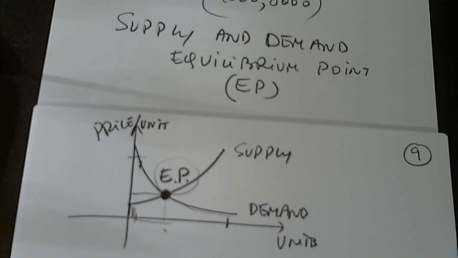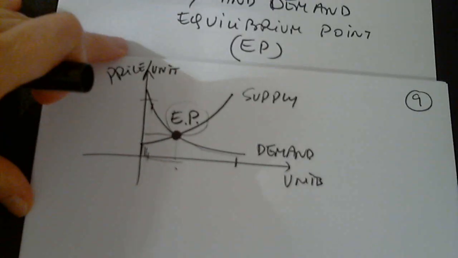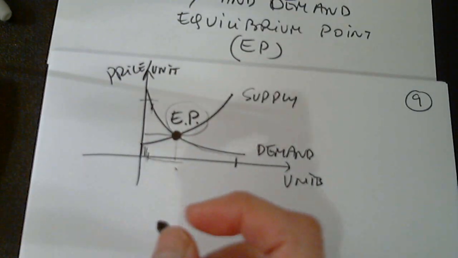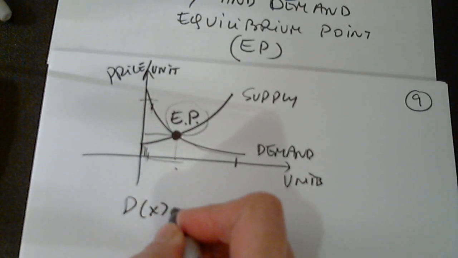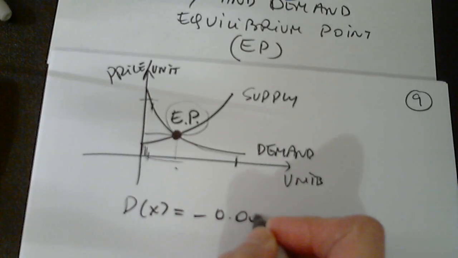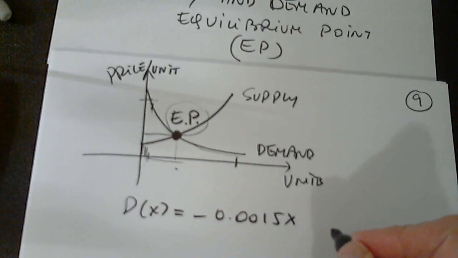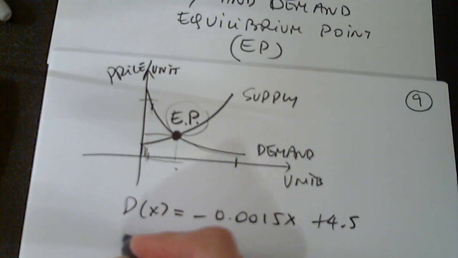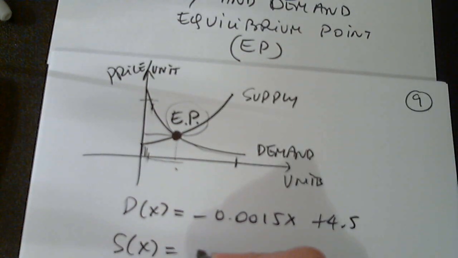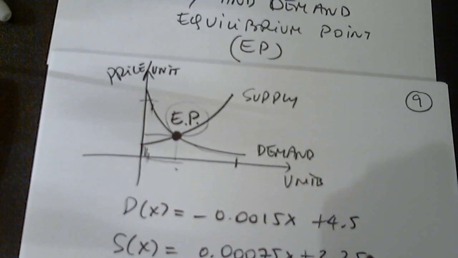Okay, so let's see. Let me copy the functions. I'm going to copy them as d of x because it's easier to understand what's happening here. Plus 4.5. And s of x, the supply function, 0.00075x plus 2.25.